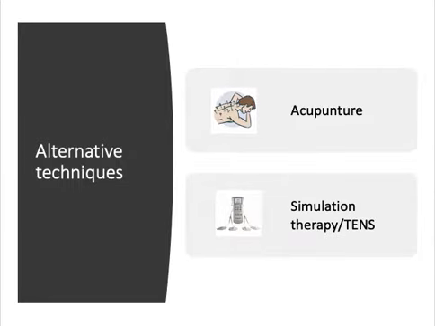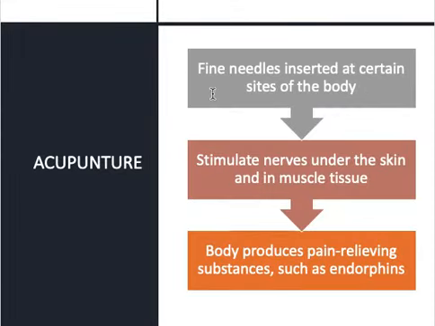Okay, so how does acupuncture work? Basically you insert, this is scary for me, fine needles at certain sites of the body. Then you twist it, keep twisting it. This stimulates nerves under the skin and in muscle tissue. When you do this, the body produces endorphins, which are pain-relieving substances.